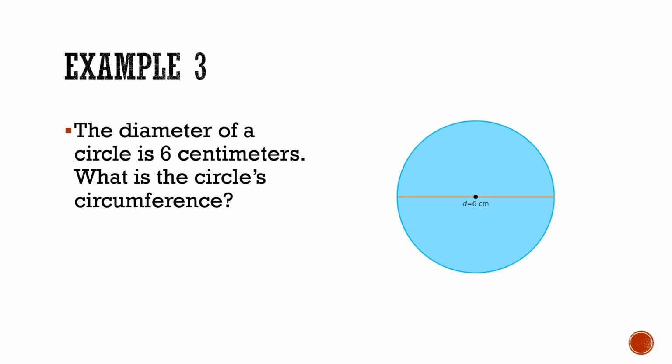Go ahead and pause your video and try example 3. So the diameter of a circle is 6 centimeters, so that means the distance all the way through this circle. What is the circle's circumference? So I'm going to use C equals pi d.